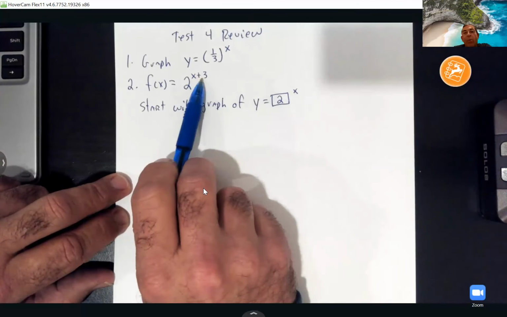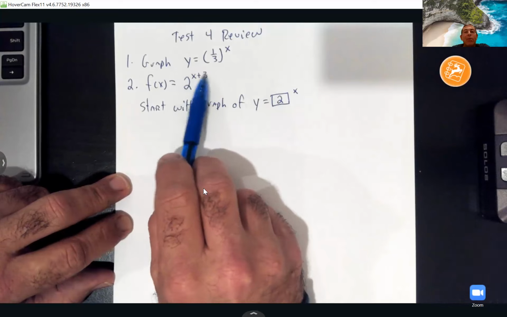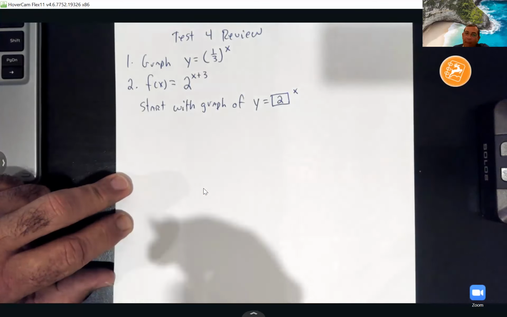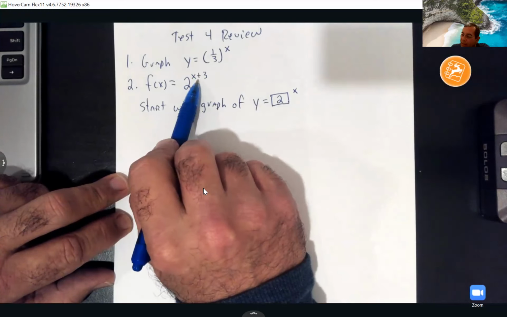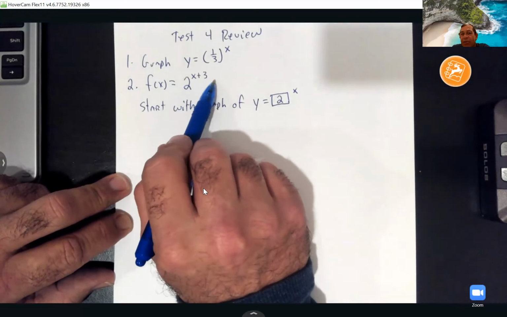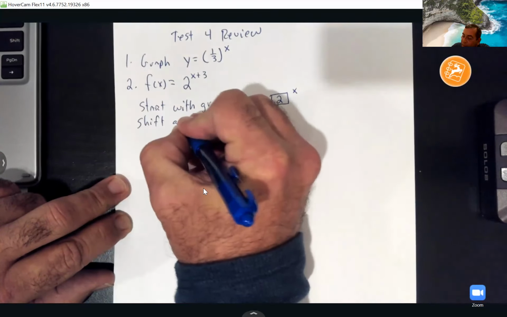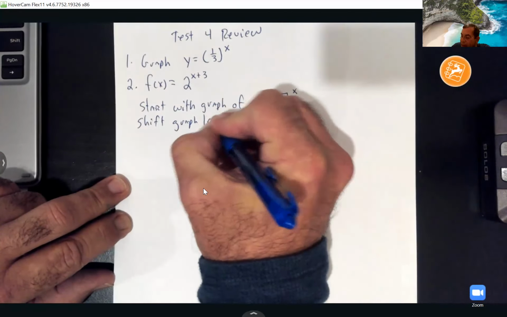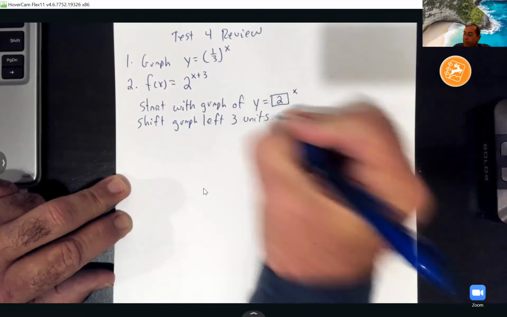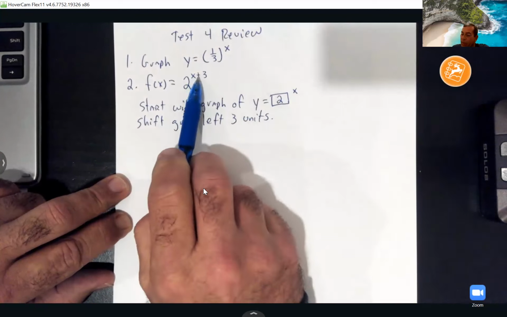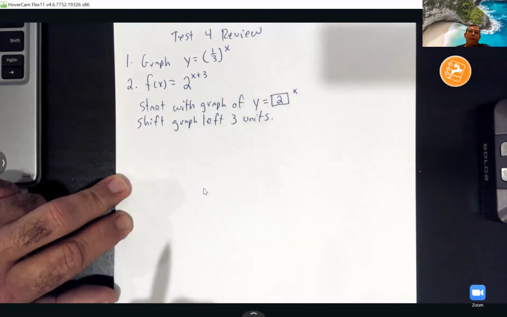And then we got to figure out what that plus 3, when we add 3 to the x, what's that doing to my graph? Well, remember, this is going to make it go left or right. And since we're adding 3, that's going to shift the graph left 3 units. Okay, so subtraction will move me right, adding moves me left.